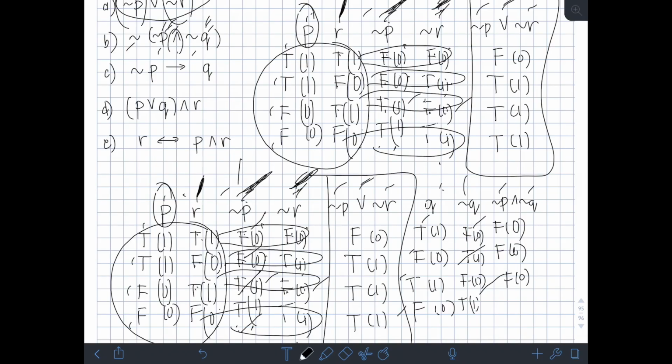Then last, true times true. Or 1 times 1. This time, 1 na. Kasi 1 times 1 is 1. So, true or 1. Okay? So, therefore, ito yung truth table natin for not P and not Q. Pero hindi pa tayo tapos. Kasi ito yung pinakahinahanap. Ina-not pa natin ito. So, not pa nito.